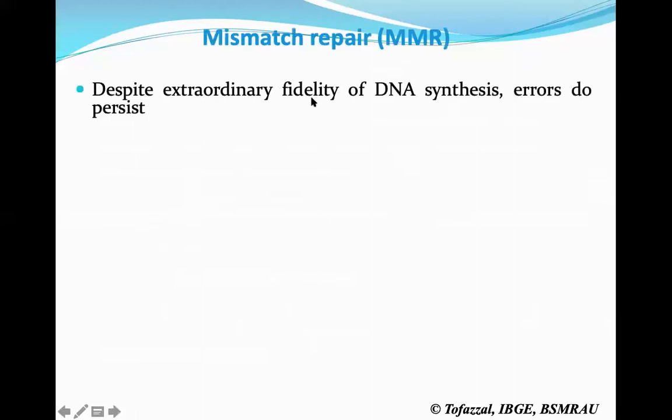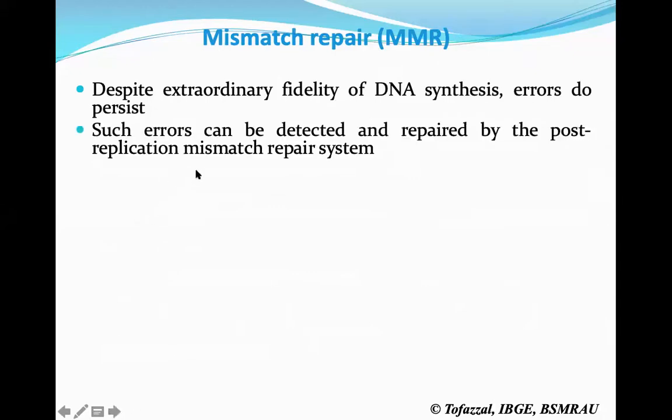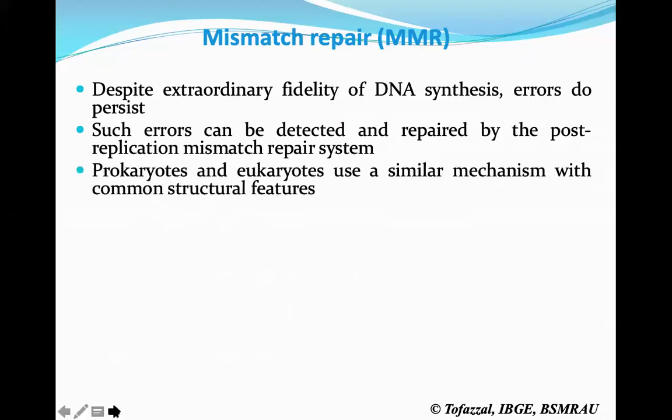Despite the extraordinary fidelity of DNA synthesis, errors do occur. Such errors can be detected and repaired by the post-replication mismatch repair system. That means after the replication, the mismatch repair system can fix errors that remain. Prokaryotes and eukaryotes use a similar mechanism with common structural features.